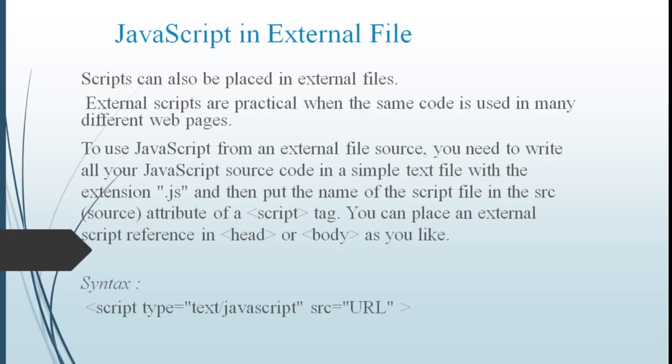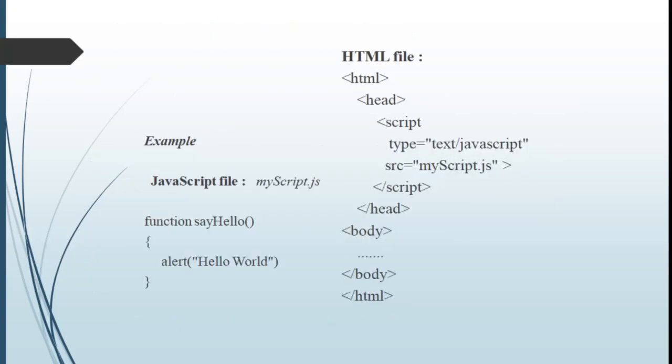So for making JavaScript an external file, you need to write all your JavaScript source code in a simple text file with an extension .js, and then put the name of the script file in the src attribute of a script tag. You can place this external script reference in the head or body section. Let's see the example. Here our external file is myscript.js.